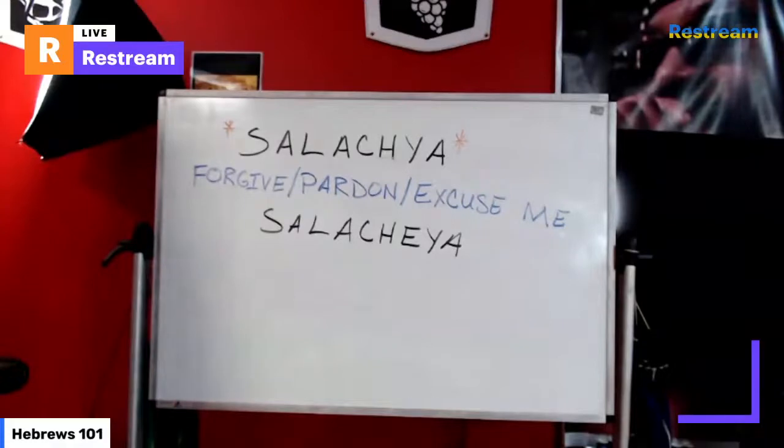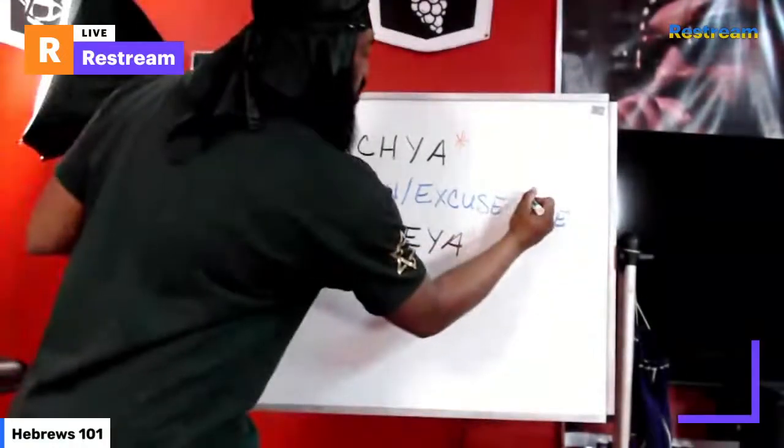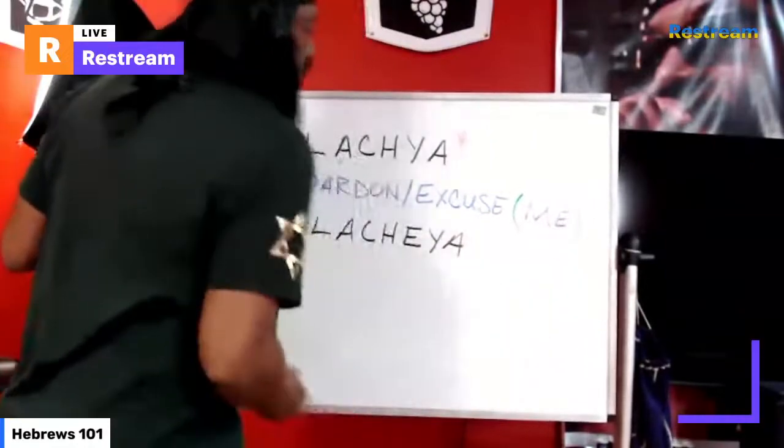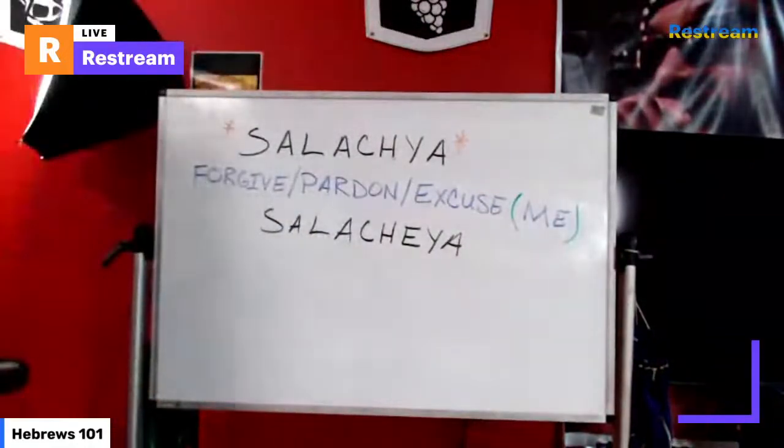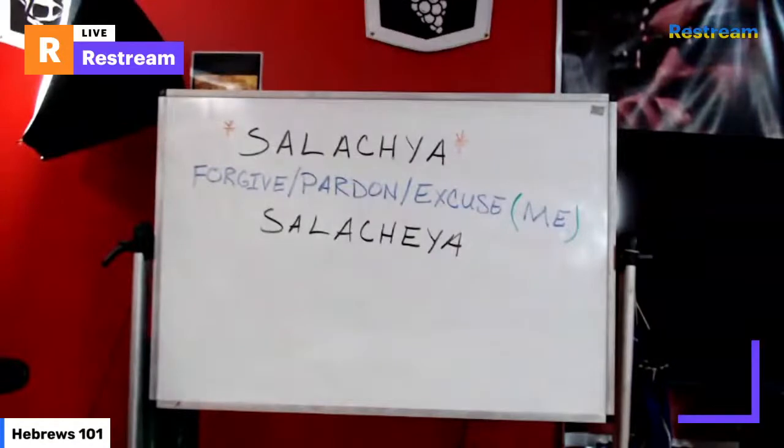Salakia. You are saying, forgive me. Pardon me. Excuse me. Now, the original is forgive. But now we add pardon me, excuse me. Why? Because we're using one word for multiple uses.